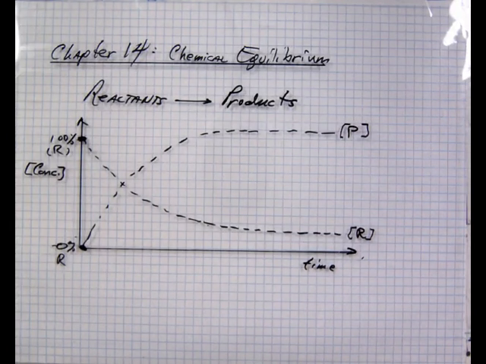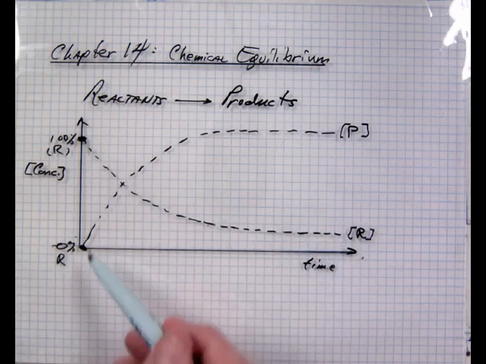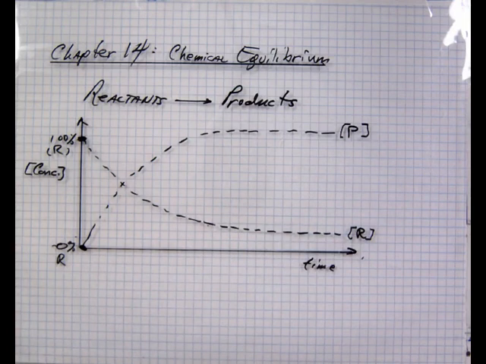At a specific point in time, we find that the concentrations of the reactants and the concentrations of the product reach a point at which they do not change in concentration.